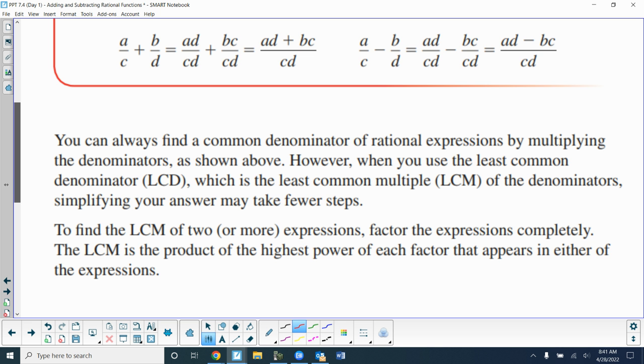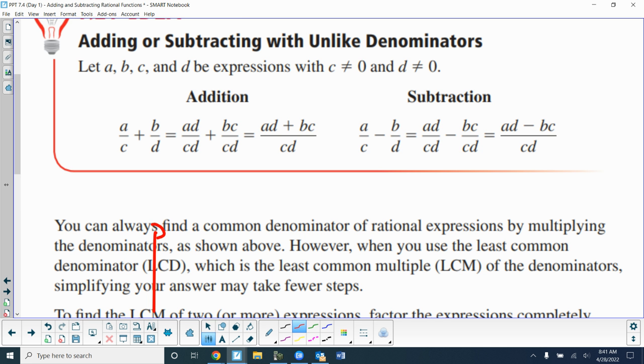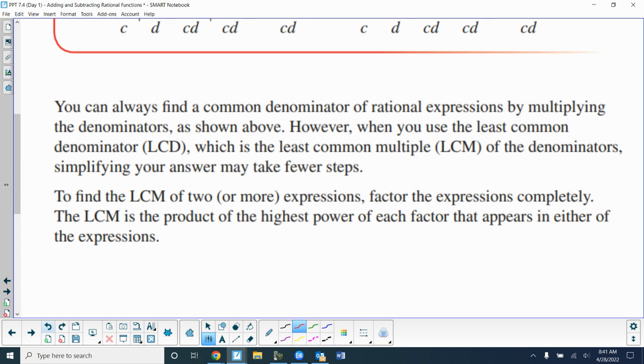It says to find the least common multiple or least common denominator, factor the expressions completely, and then the least common multiple or denominator, we're just going to call it denominator, is the product, meaning multiplication, of the highest power of each factor that appears in either of the expressions.